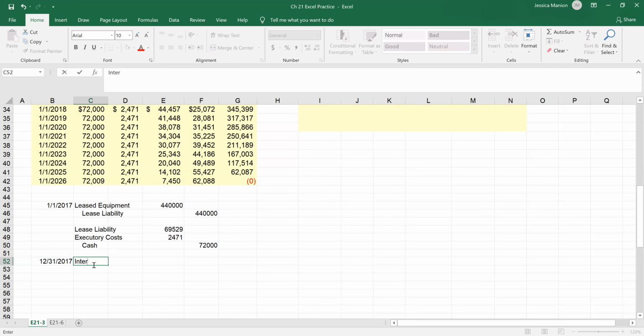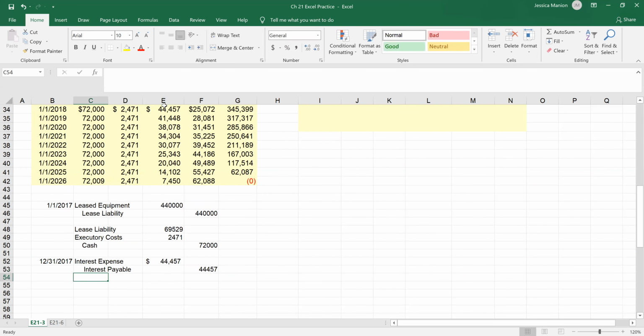So we're debiting interest expense 44,457. And in fact, here I'll just say equals and I'll go to this number. And then we're crediting interest payable 44,457.